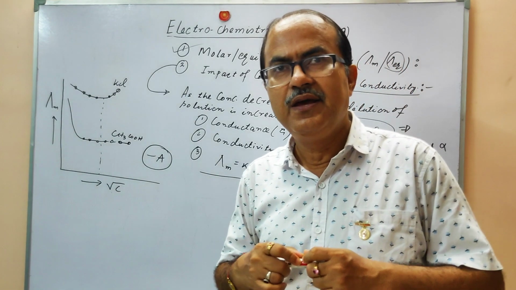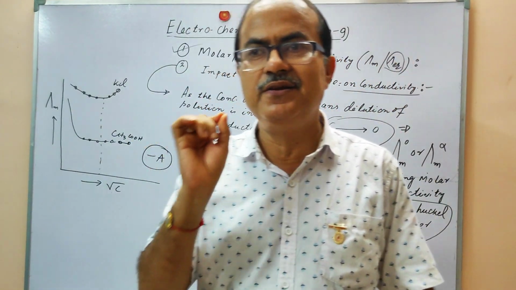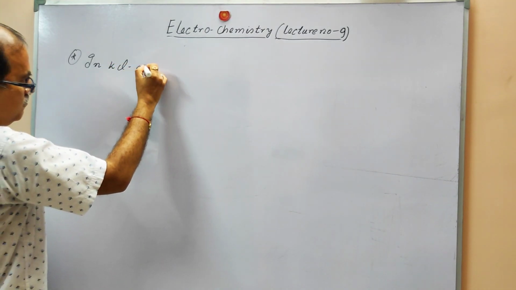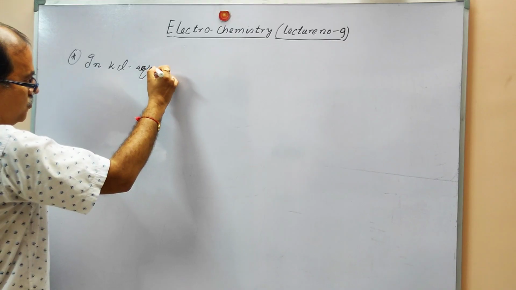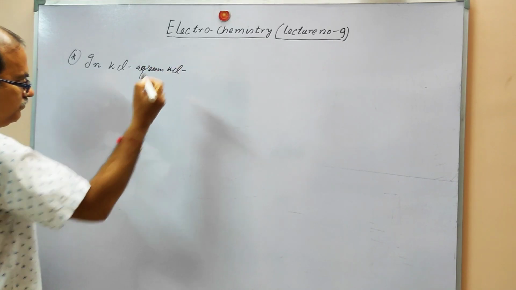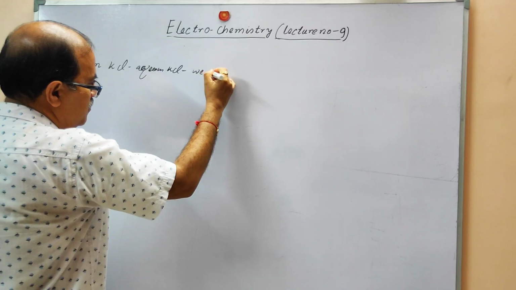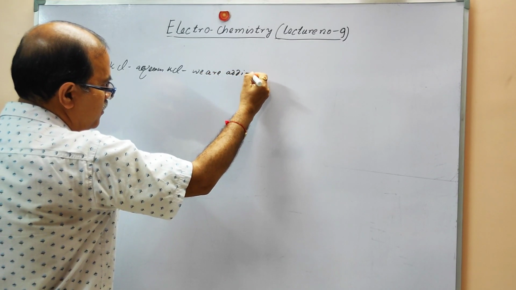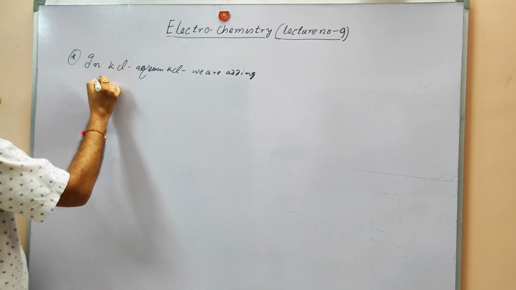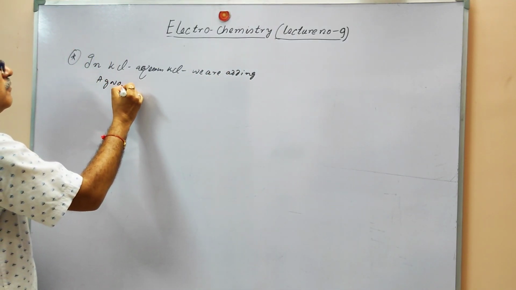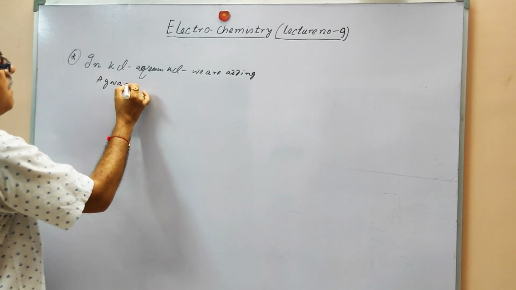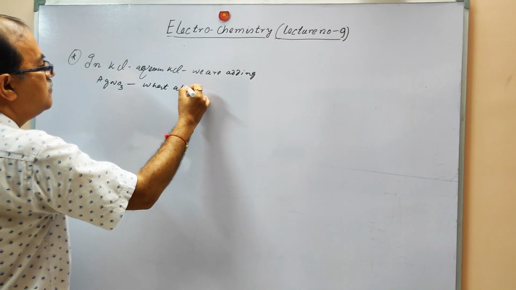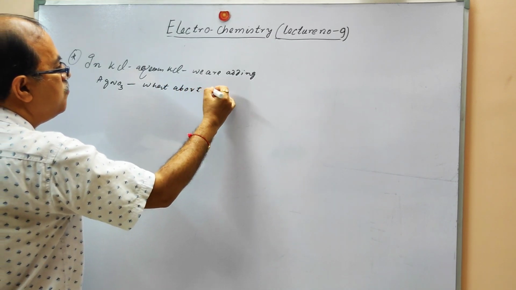Now we do one very important numerical. Aqueous solution of KCl. We are adding AgNO3. Then what about the molar conductivity?